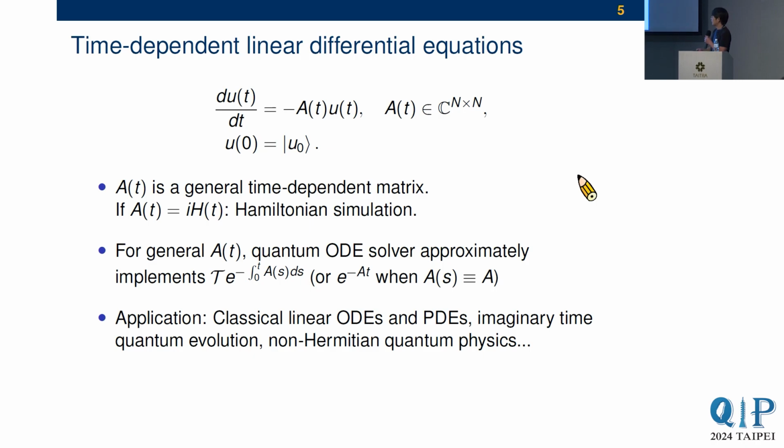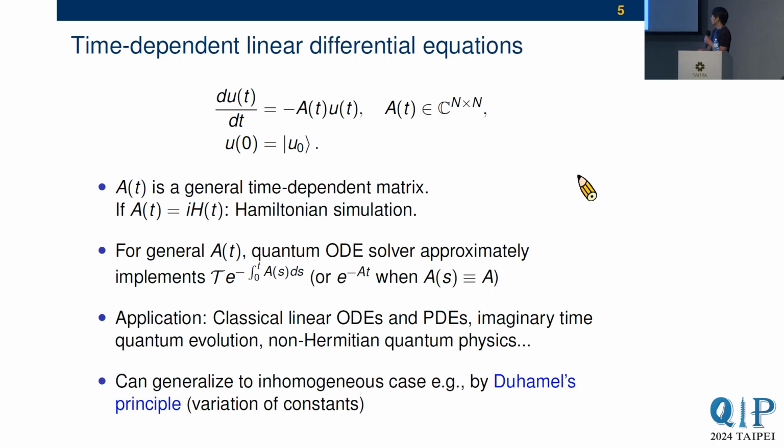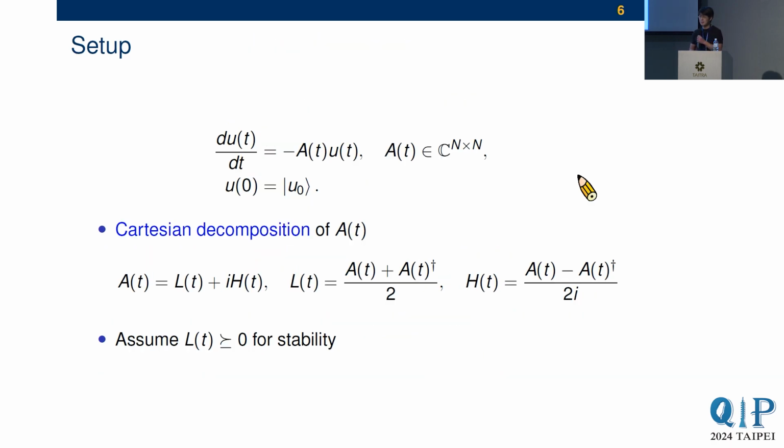This talk doesn't address that. It's really, given this problem, how to solve it. You can also generalize it a little bit to the inhomogeneous case, which means that there is a plus b(t). Then you can apply this method and the so-called Duhamel's principle, aka variation of constants, and it's the same thing. The setup is that you want to solve this equation.